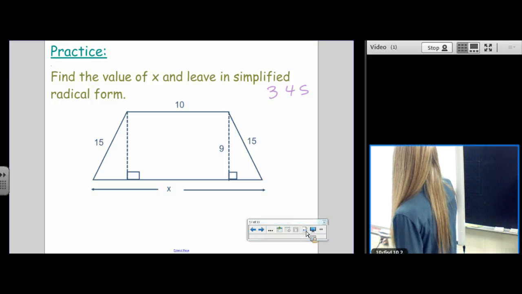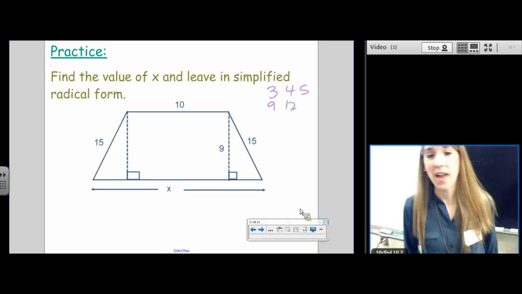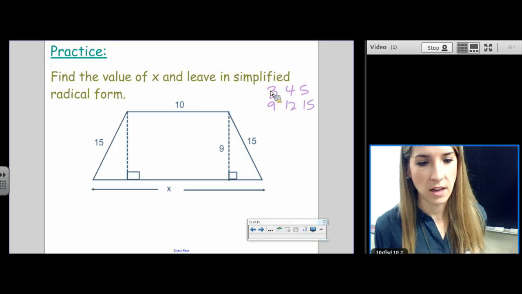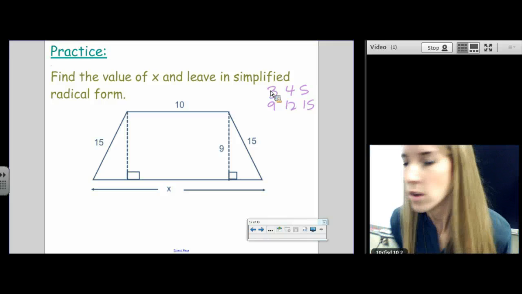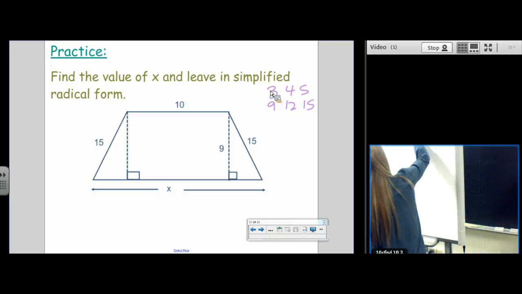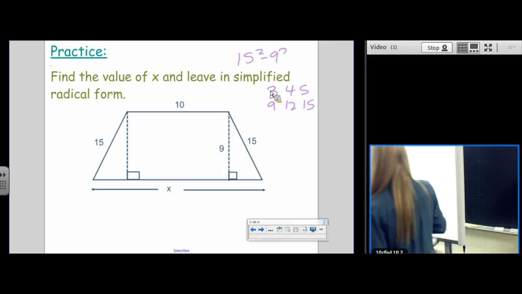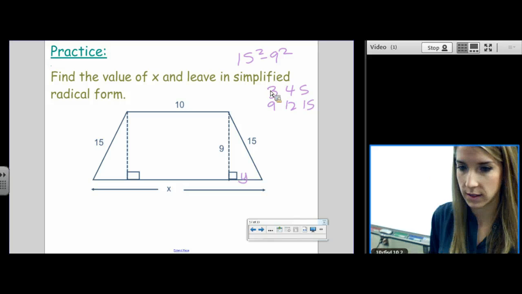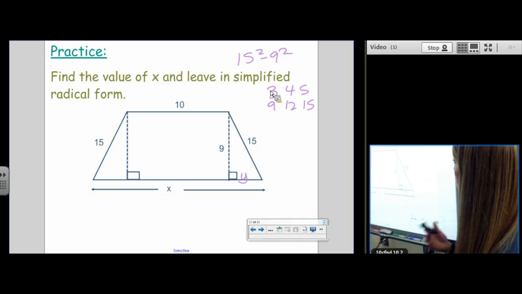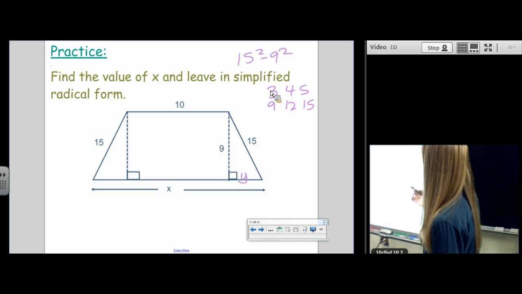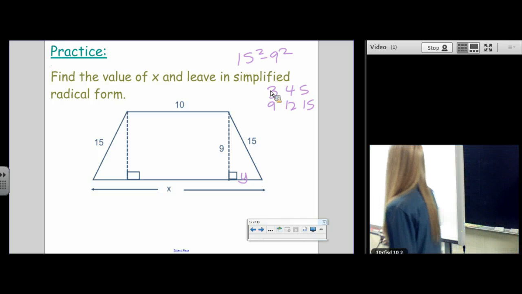If I triple each of those, that's a Pythagorean triple, 9, 12, 15. You don't have to use Pythagorean triples if you don't want to, okay? You could always do 15 squared minus 9 squared to get this value right here. I'll call it y because I don't want to call it x. We already have an x in our picture.